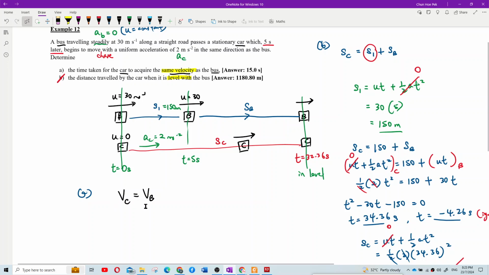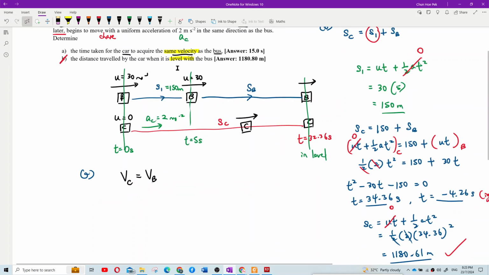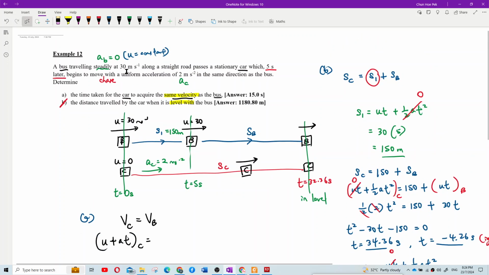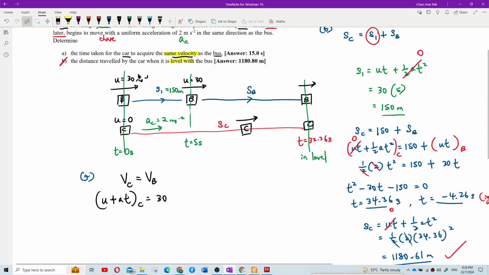So okay, let's find out, class. Just use the formula of what? Yeah. V equal to U plus AT. So this is of the car. Actually, the bus is constant velocity, 30 meter per second. So just put 30. Okay.